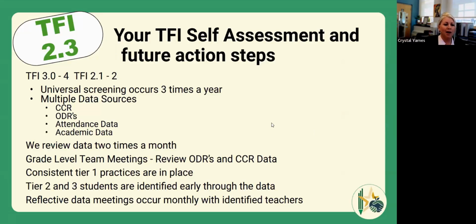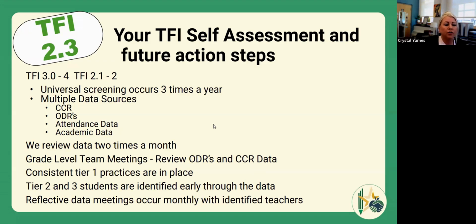So when thinking about the TFI 2.3, making sure that you have a universal screening that's occurring 3 times a year, making sure that you are using multiple data sources. We use CCR as our behavioral data within our ODRs, but also looking at our attendance data, our academic data. We review this data 2 times a month at our MTSS meetings.